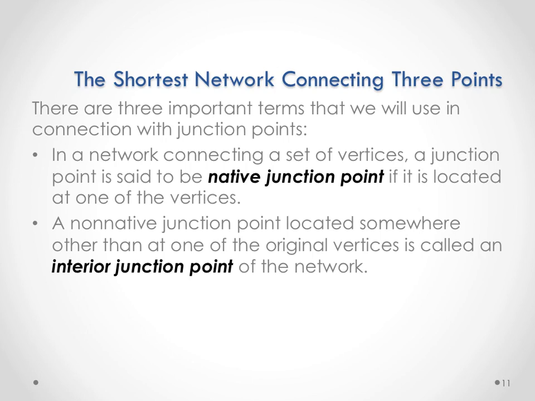The native junction points are those that existed on the graph prior to us moving from the graph. So in our example, A, B, and C are our native junction points. Anything that we have to create outside of A, B, and C is considered an interior junction point. Something like J is an interior junction point because it's not a native junction point.